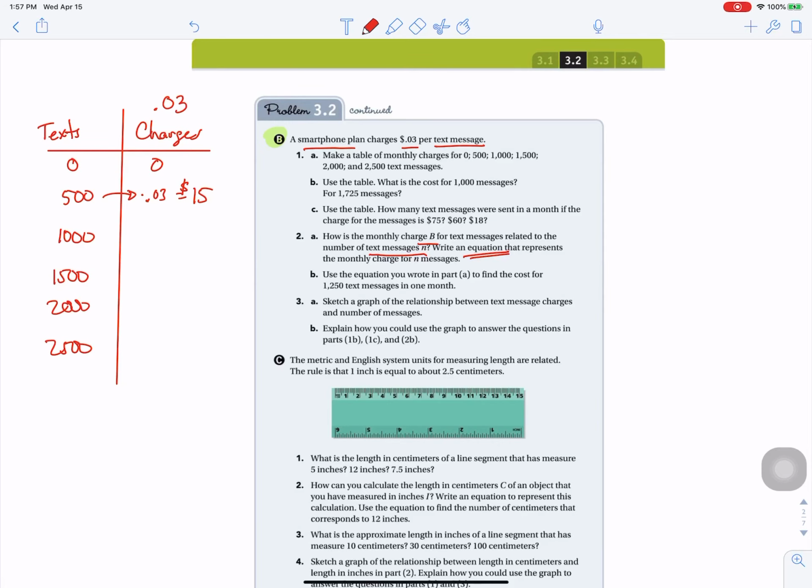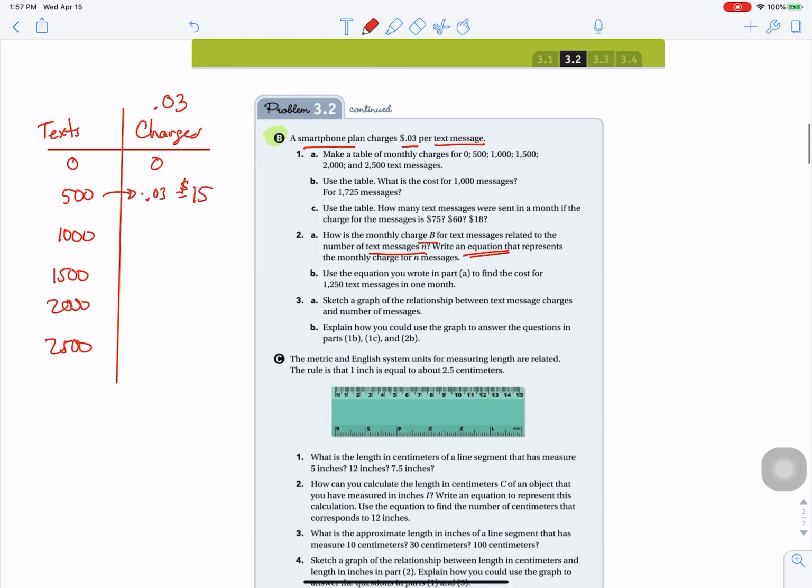So we know that there are things that depend on other things. We know that the charge, or B, depends on the number of messages, N messages.